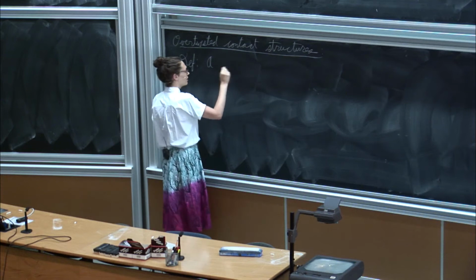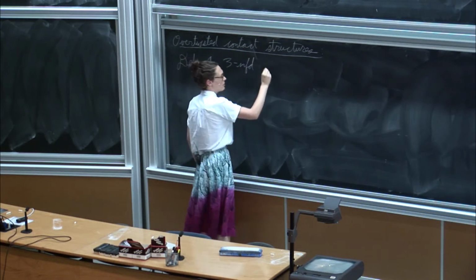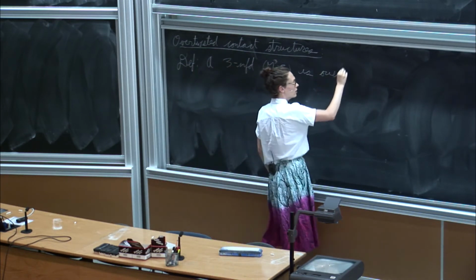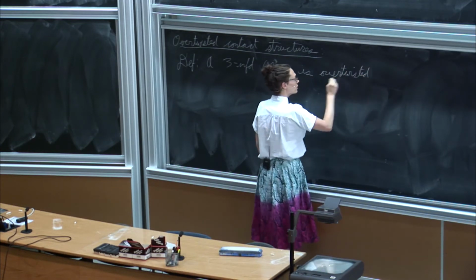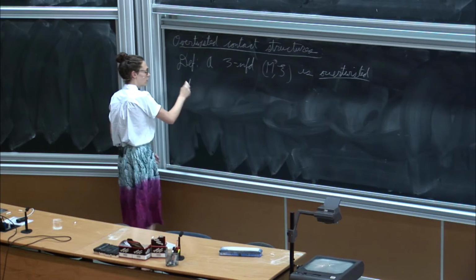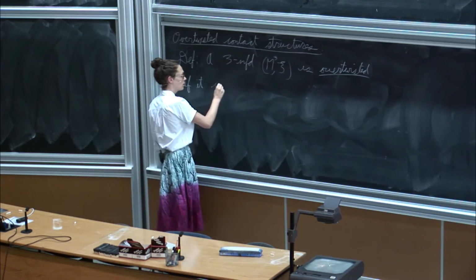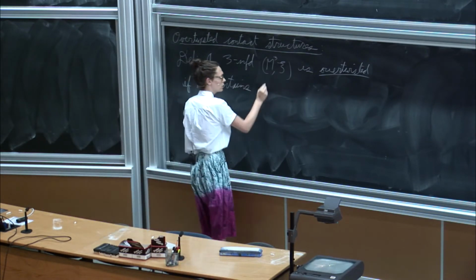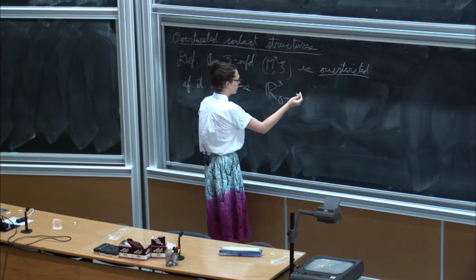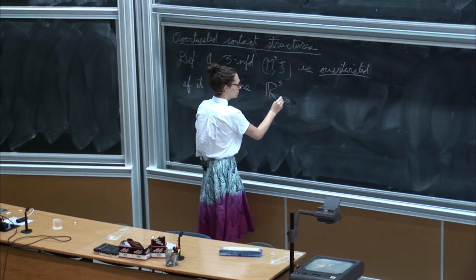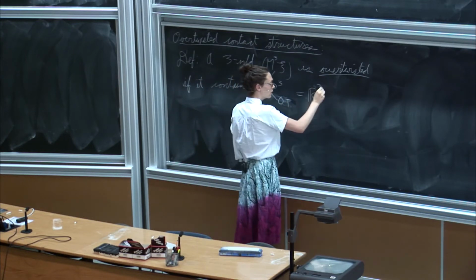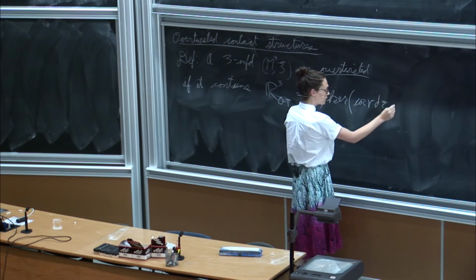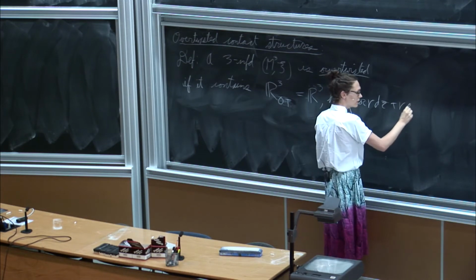I'll say a three-manifold is overtwisted if it contains, up to contactomorphism, this standard model, which is given by, well, what it's given by.